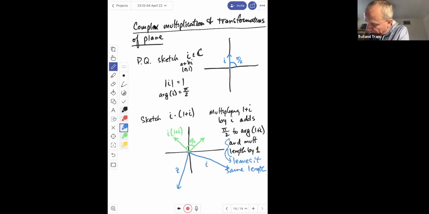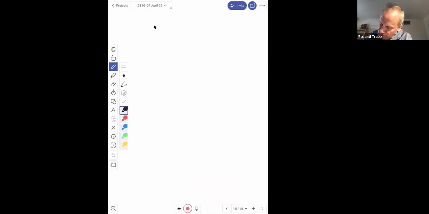So this is going to be i times z. So what that tells me is I have a transformation from C to C where I take any vector z and transform it to i times z.